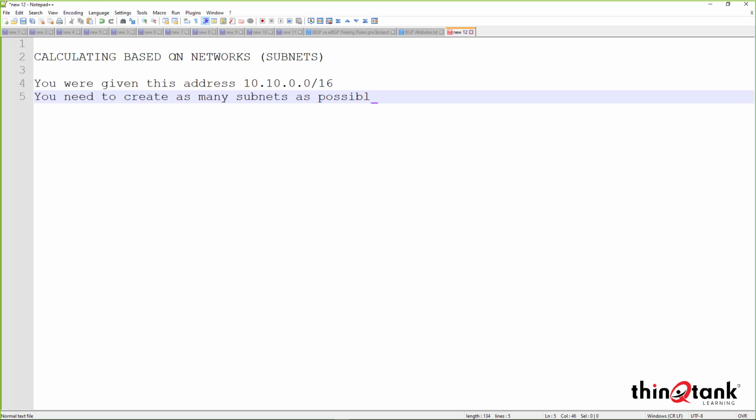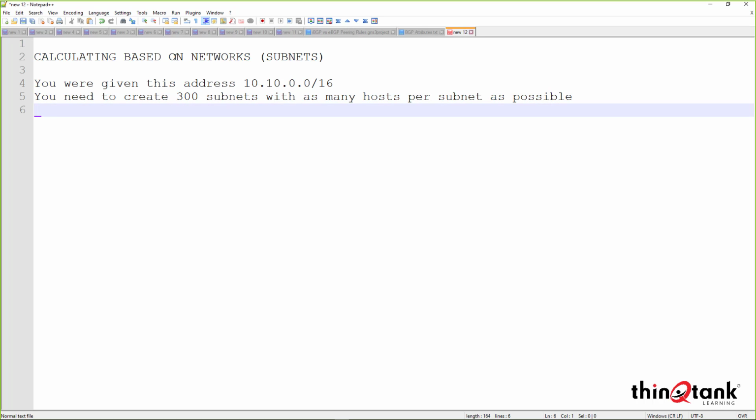You need to create 300 subnets with as many hosts per subnet as possible. In other words, make the subnets as large as you can, but you need at least 300 subnets. And that's what they're referencing here. In that bullet point, it says, based on your organizational and administrative structure, determine the number of subnets that you need for your network. All right?